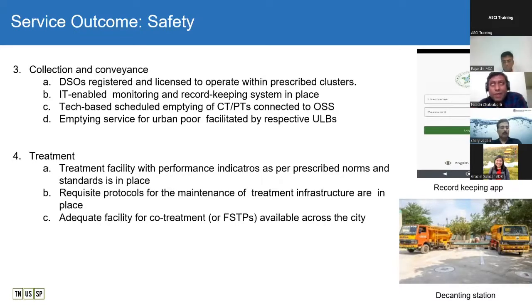Emptying service for the urban poor is one area. Maybe at a later stage I'll explain some more. Professor Cherry was also asking questions on that when he was discussing, because our learning from working with the urban poor is that, for multiple reasons, they are actually paying more while emptying their containment.